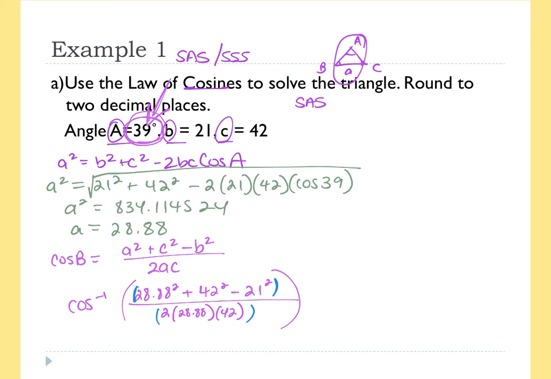So open my parentheses, 28.88 squared plus 42 squared minus 21 squared, close the parentheses, divided by, open the parentheses, 2 times 28.88 times 42, enter, and I get cosine of B is 0.889, so on and so forth. I'm not going to round that.